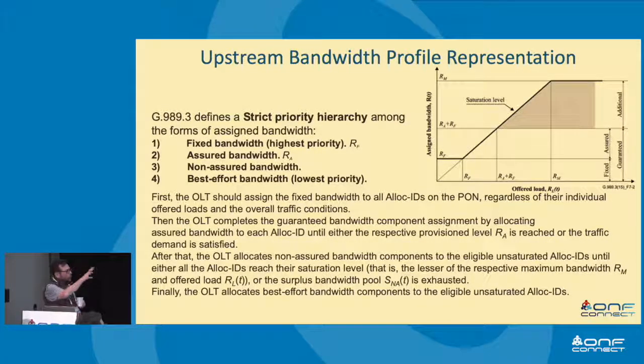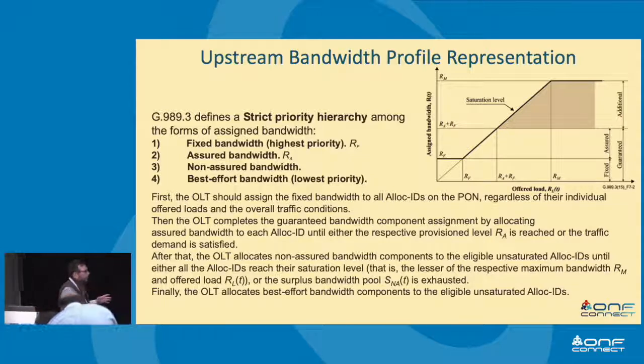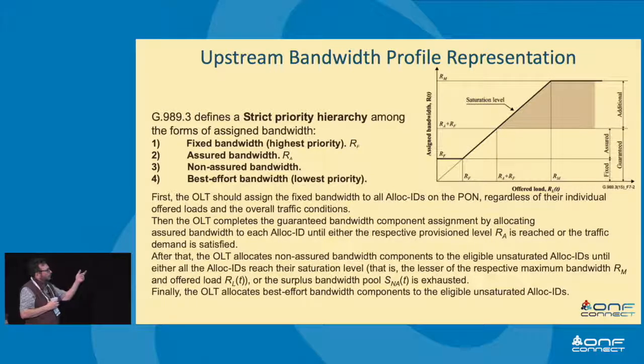So this just talks a little bit about the PON scheduling. So basically, I need upstream, potentially fixed bandwidth, assured bandwidth, non-assured bandwidth, and best effort bandwidth. And this is assigned in kind of priority order in the DBA algorithm. So basically, fixed bandwidth is always assigned first, then the assured bandwidth, and then non-assured, and then best effort.